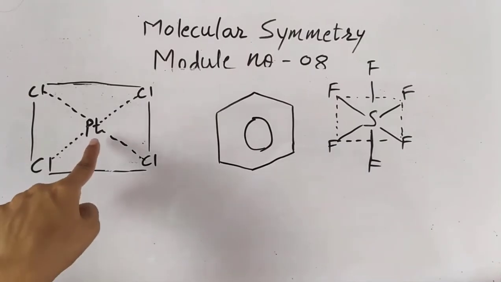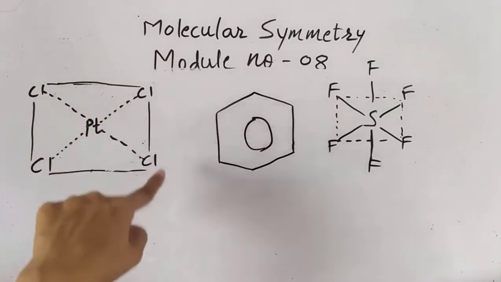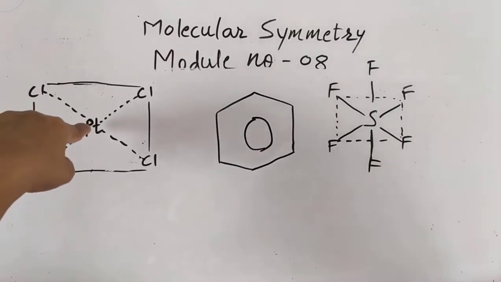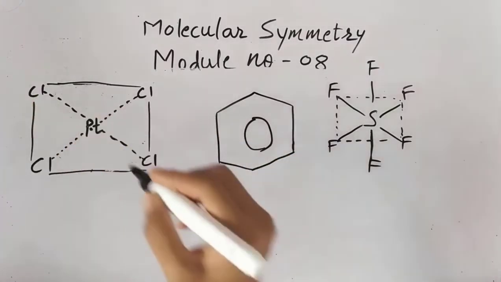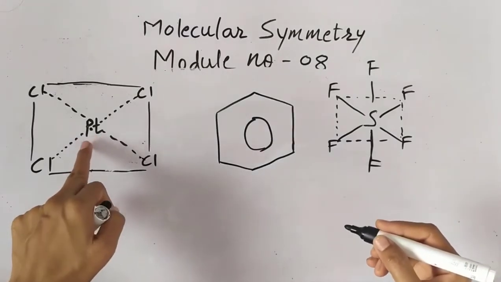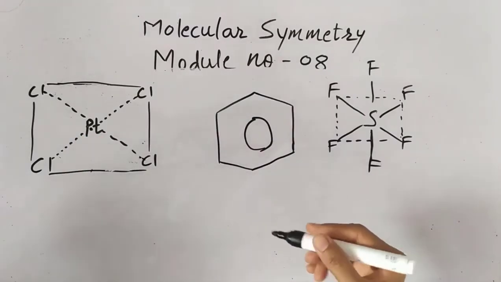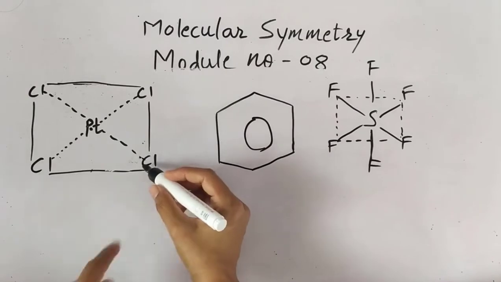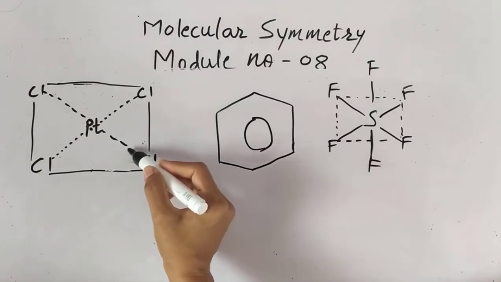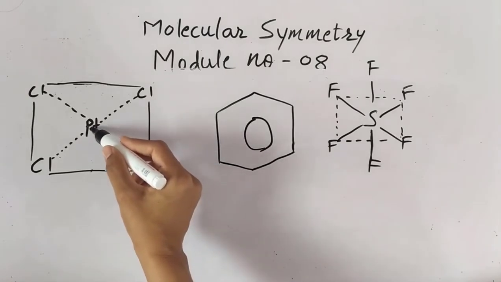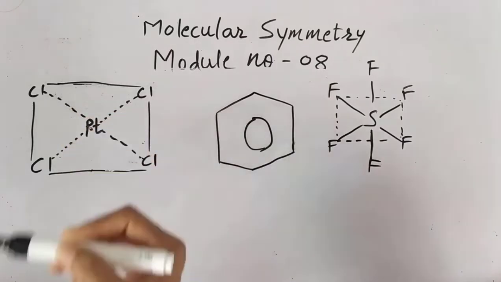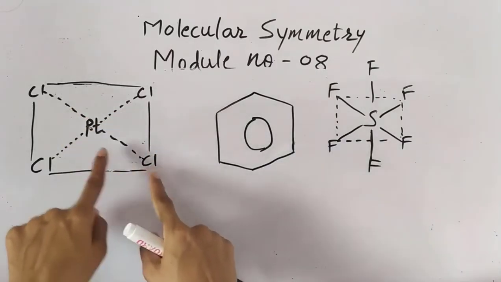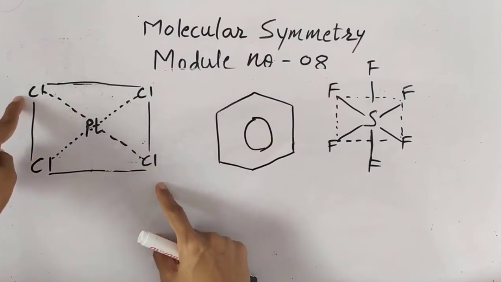Where will be the center for this PtCl4 molecule, the center of gravity? Of course, at the center. I'll put one point over here, which is the center of gravity. Now choose any atom. Suppose I am taking this chlorine. Go on drawing the line which will pass through the center and extend it in the opposite direction. Are you getting the same atom in the opposite direction and at equidistance?